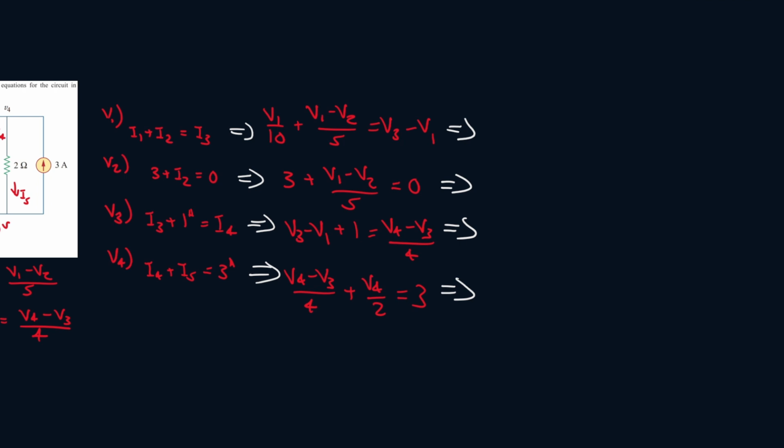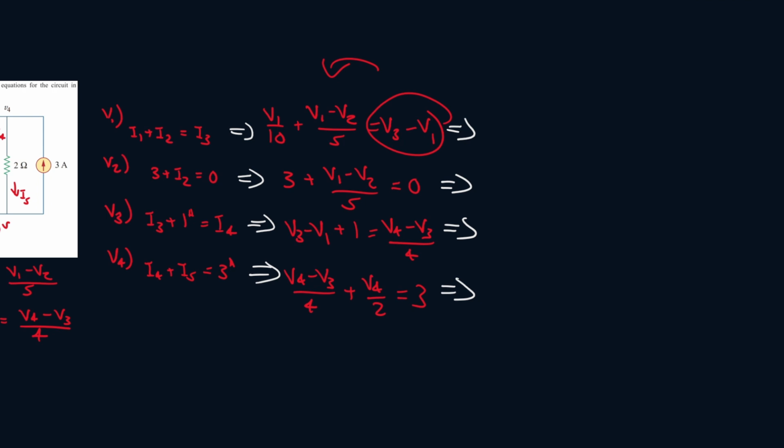So for the first one, okay, let's see what we can do. Let's bring all of this to the other side. Actually, no, I think it's better if we bring all of this to the other side instead, since there's less over here.